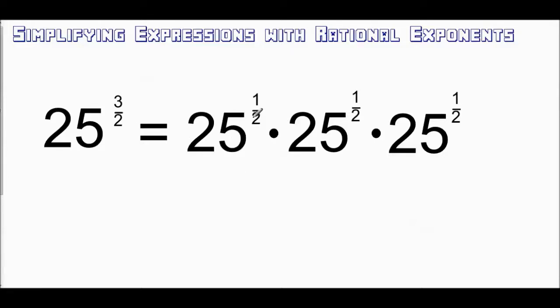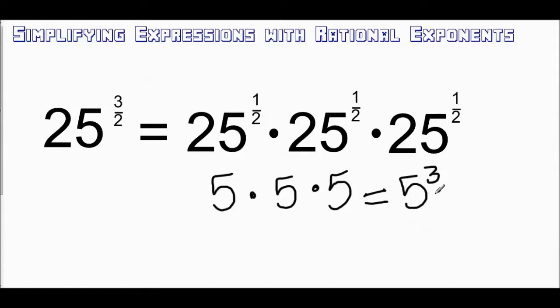So 25 to the 1/2 power, that's the square root of 25. That would be 5. So then 5 times 5 times 5, because they're all 25 to the 1/2 power. So that would be 5 to the 3rd power. Or if you know that one, that would also be 125. But I would accept either one of those answers.